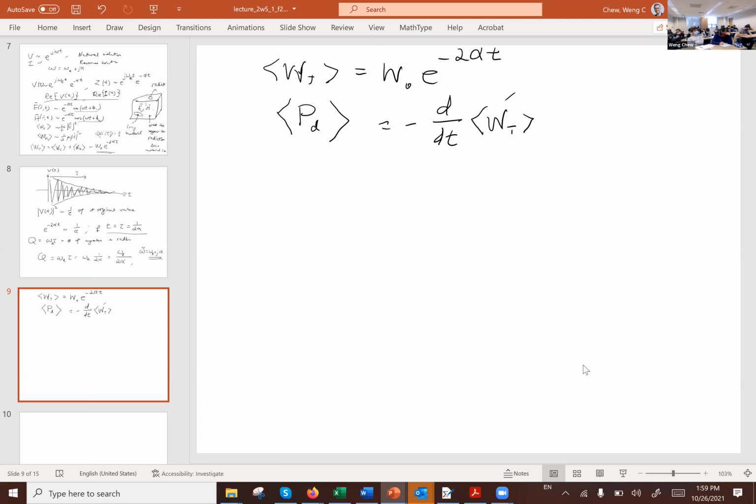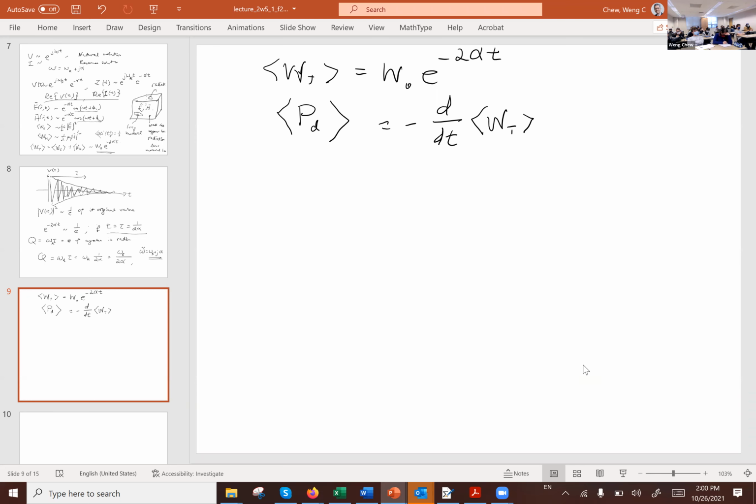This is just an energy conservation argument: if the cavity is losing energy as a function of time, that loss in energy must be proportional to the power dissipated in the cavity. It can be due to wall loss, radiation loss, or materials, all manner of losses that you can think about. So this is just the statement of energy conservation.